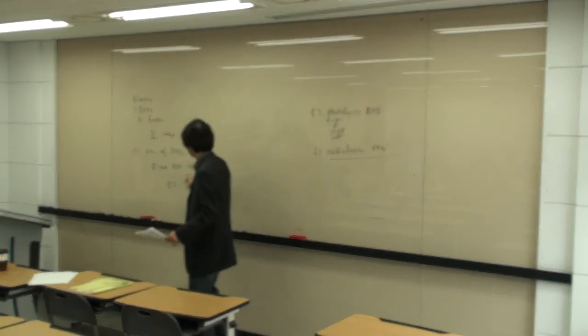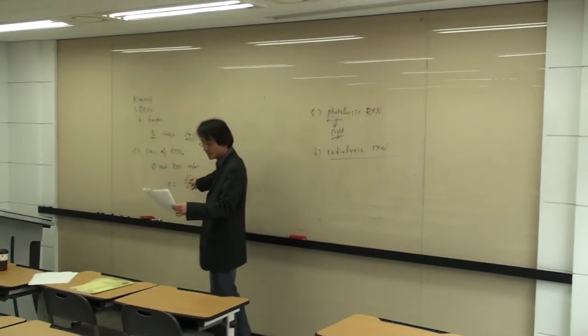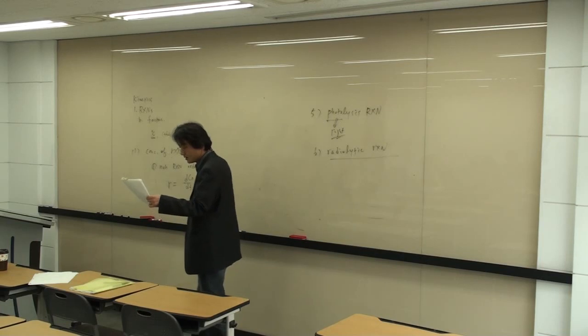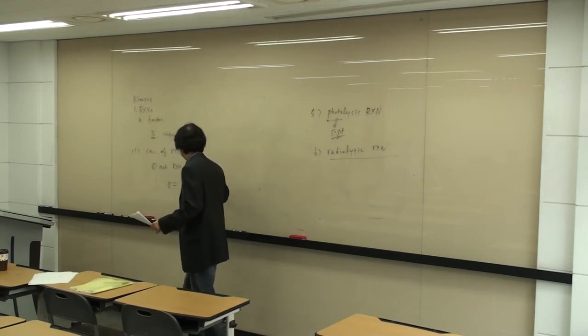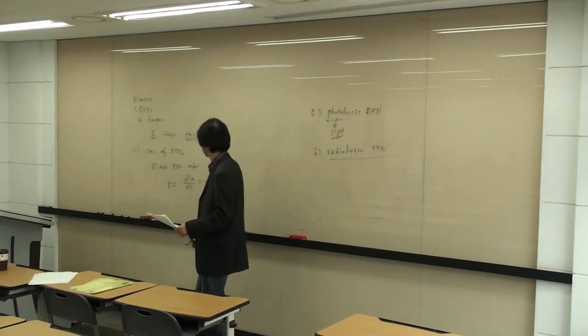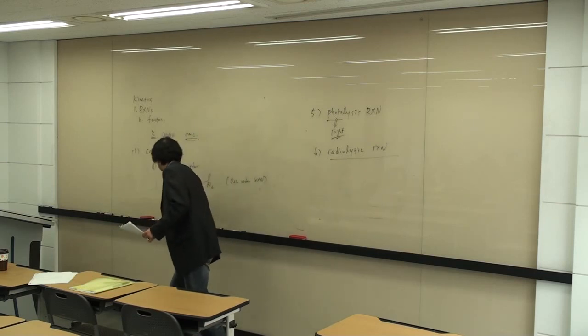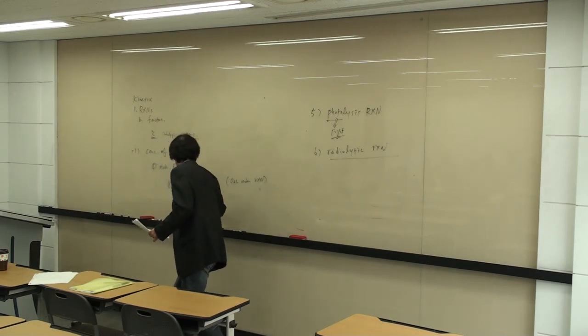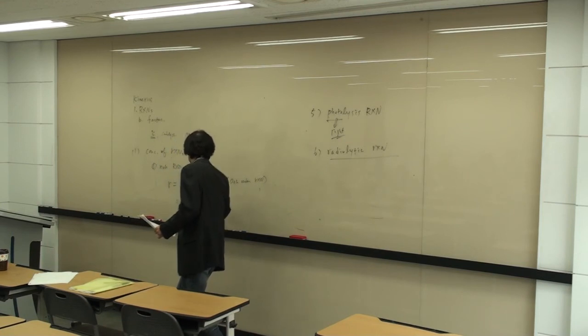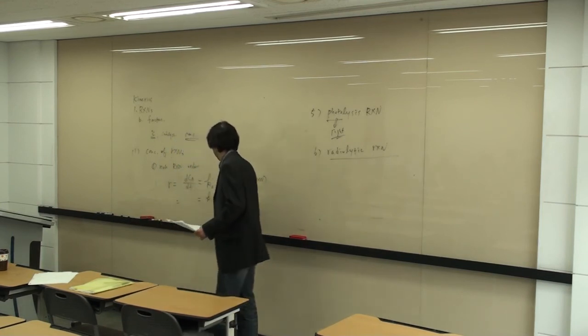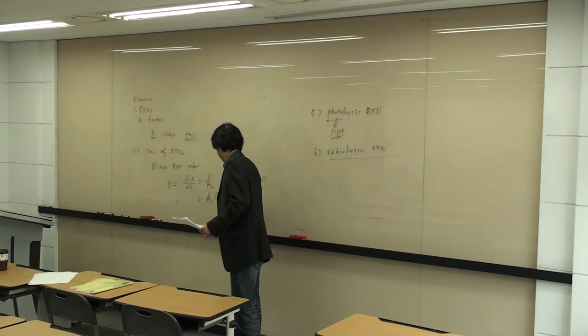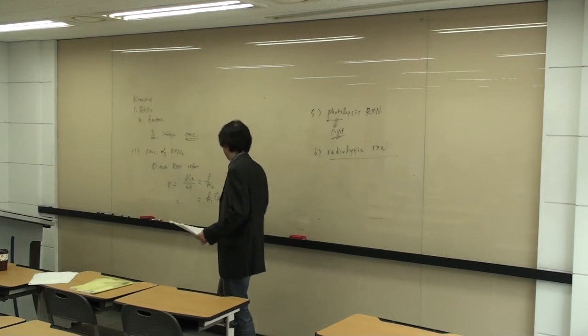Let's say CA is the concentration of some chemical compound. In this case, if you just put it as K0, we call it zero order reaction. And if this one is K1 CA, we call it first order reaction.